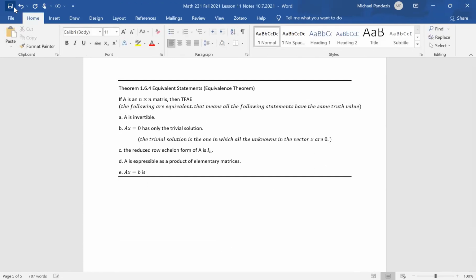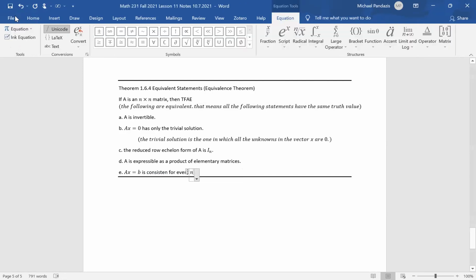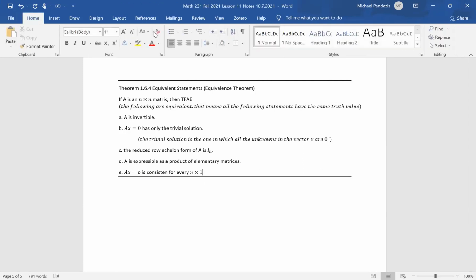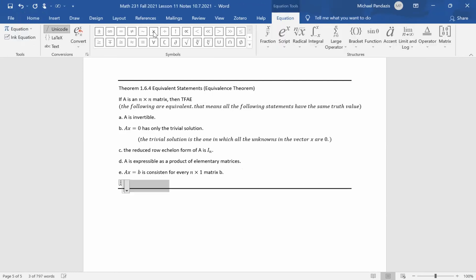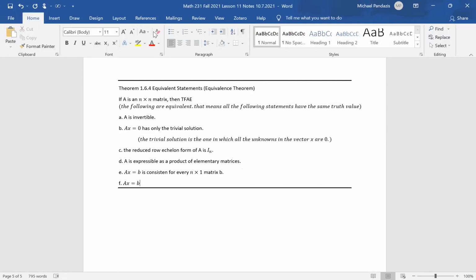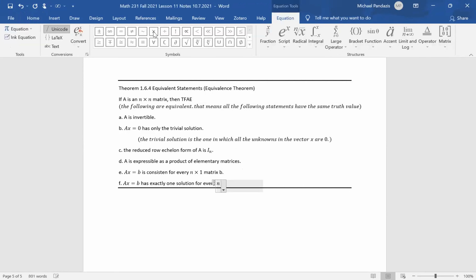AX equals B is consistent for every n by 1 matrix B. And AX equals B has exactly one solution for every n by 1 matrix B.